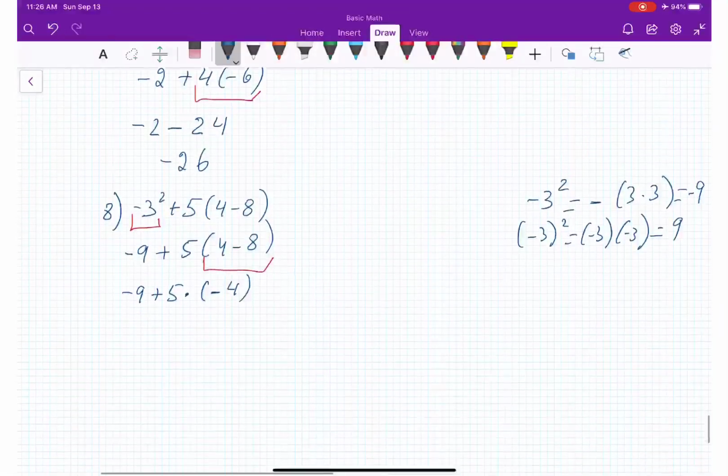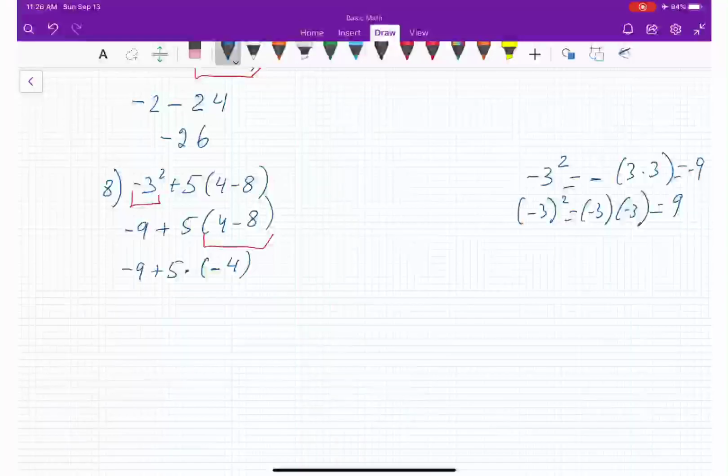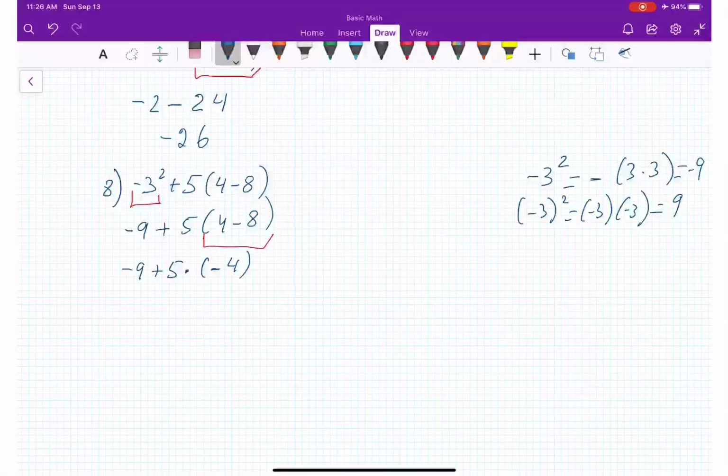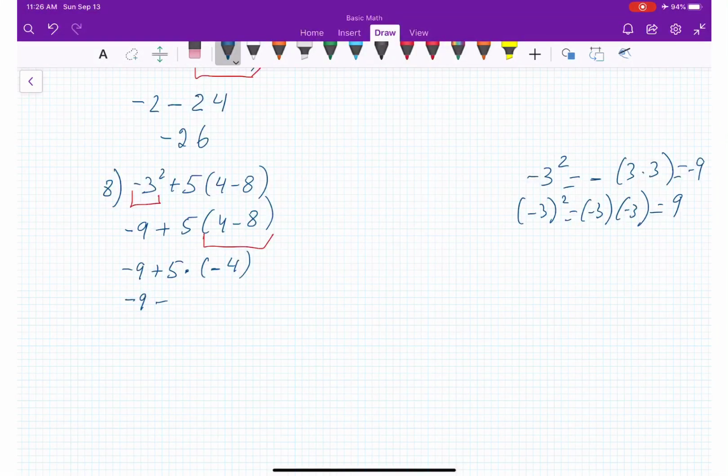Signs are different, we subtract, and 8 is greater than 4, so we use the negative sign. Next, negative 9 plus, actually, 5 times negative 4, it's going to be negative 20. And negative 9 minus 20 is negative 29.